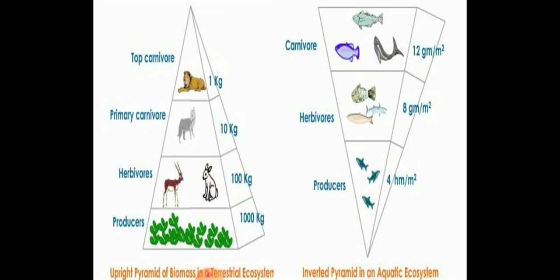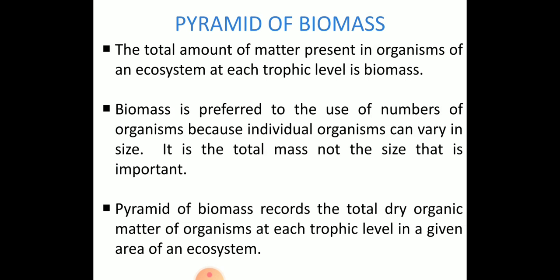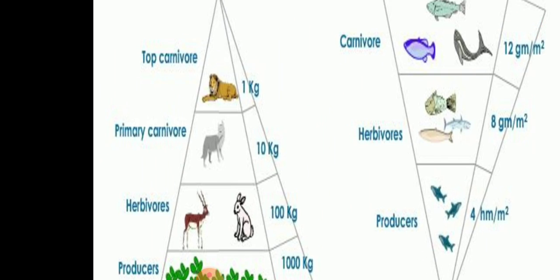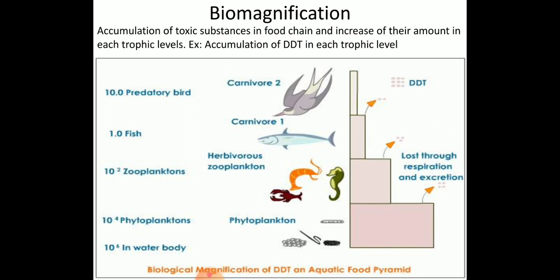So the dry weight of the organisms is considered as biomass, and that will change. In some aquatic ecosystems, the producers have less weight and the carnivores have high weight. So it may also vary. In each trophic level, whatever the dry organic matter of the organisms is, is considered as biomass. So this is how the graphical representation simply shows each type of ecosystem.